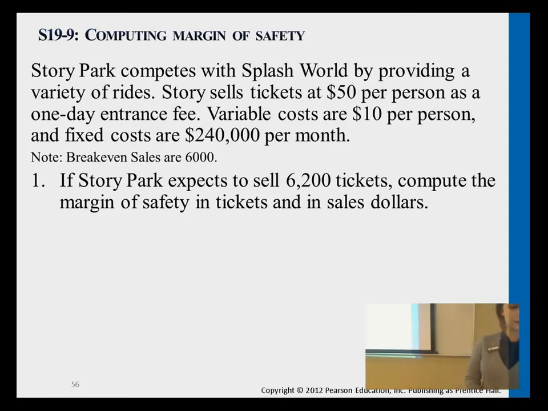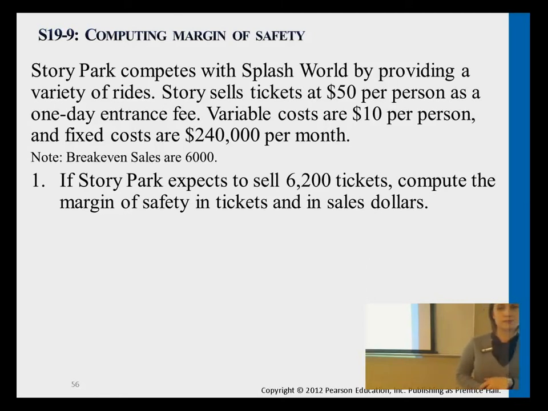So 19.9 is the other one that I wanted to go over. Here we're going to compute margin of safety again. We just went over the theory of what margin of safety is. Story Park competes with Splash World, same story, by providing a variety of rides.